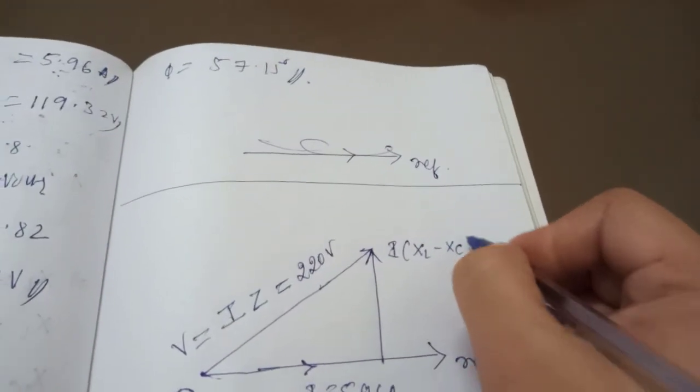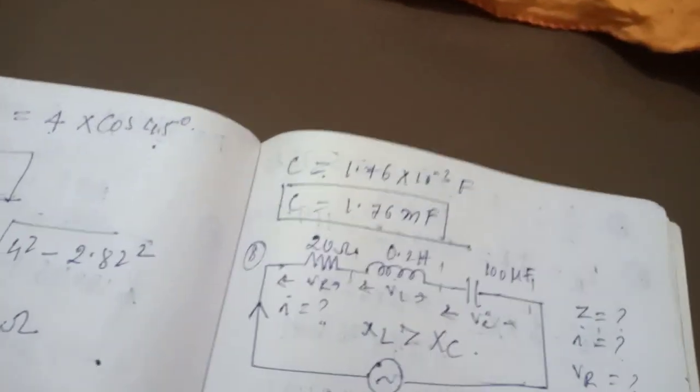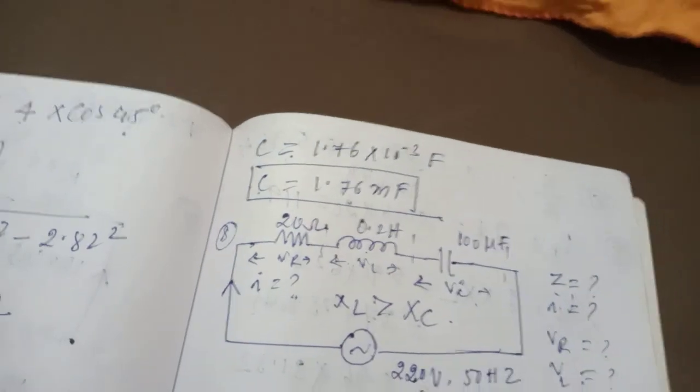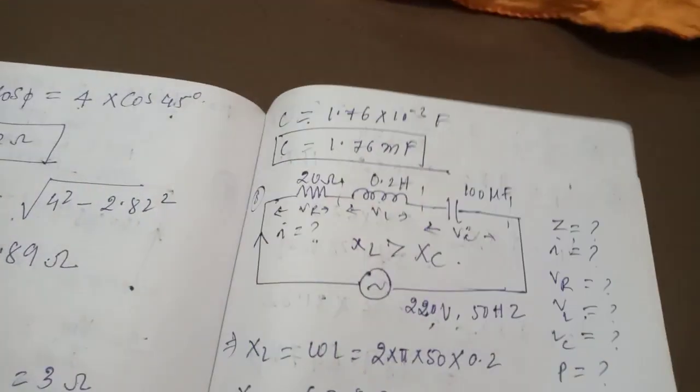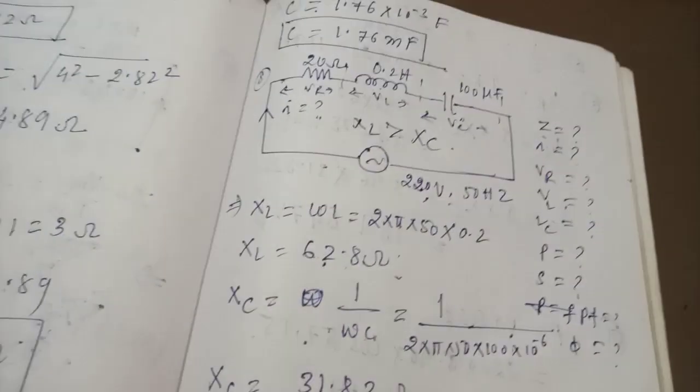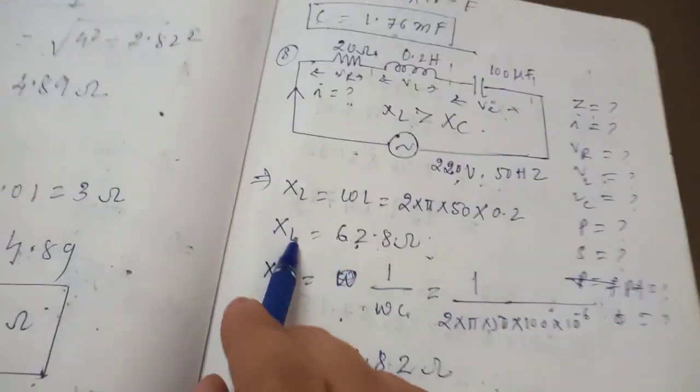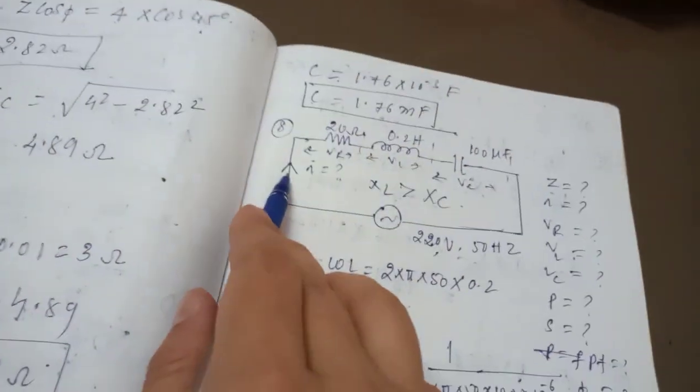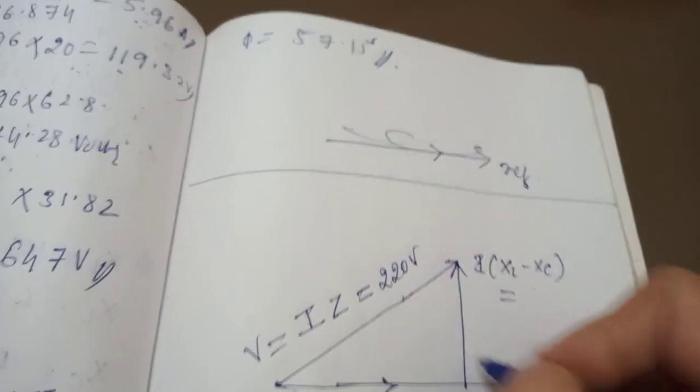What is the voltage across XL minus XC? That you have to calculate using further calculation. You have XL, you have XC, you have the series current, multiply that and it will come around here. XL minus XC, that is this voltage.